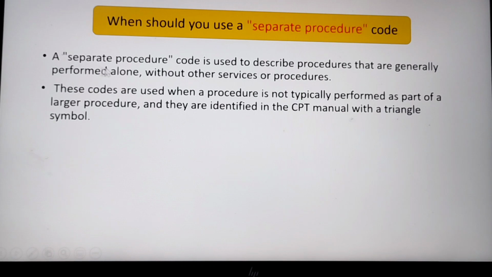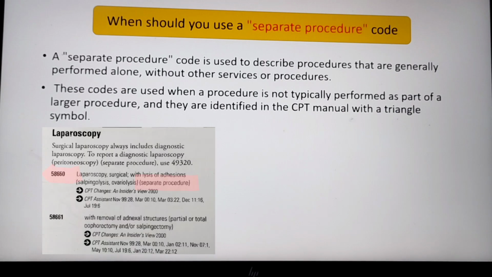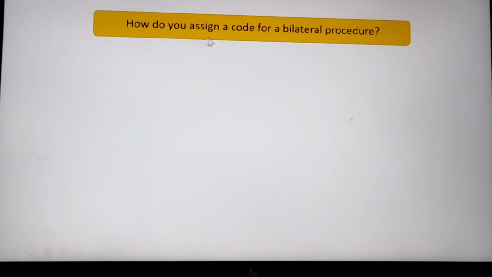So that's why it is known as separate, meaning it will be performed alone and not with other services. This laparoscopic procedure is typically performed alone without other services or procedures. Therefore the CPT code 58661 is considered a separate procedure and it is identified in the CPT manual with a triangle symbol.